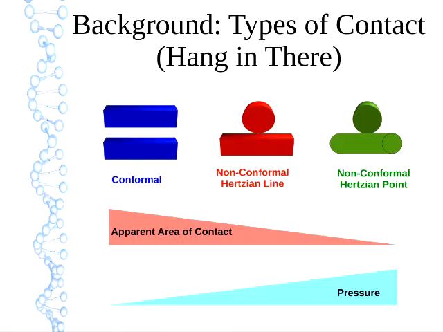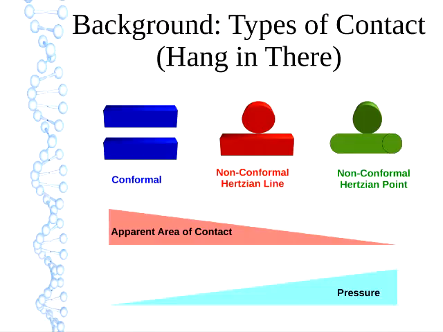So when you have two flat surfaces touching, the apparent area of contact will be the entire surface. When you look at it at an asperity level, the area of contact is different, but we're looking at it from a large scale: the apparent area of contact.